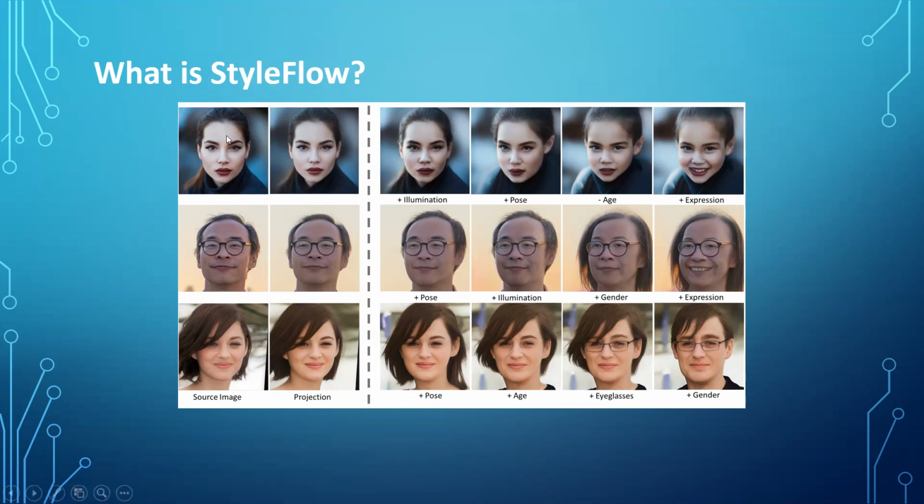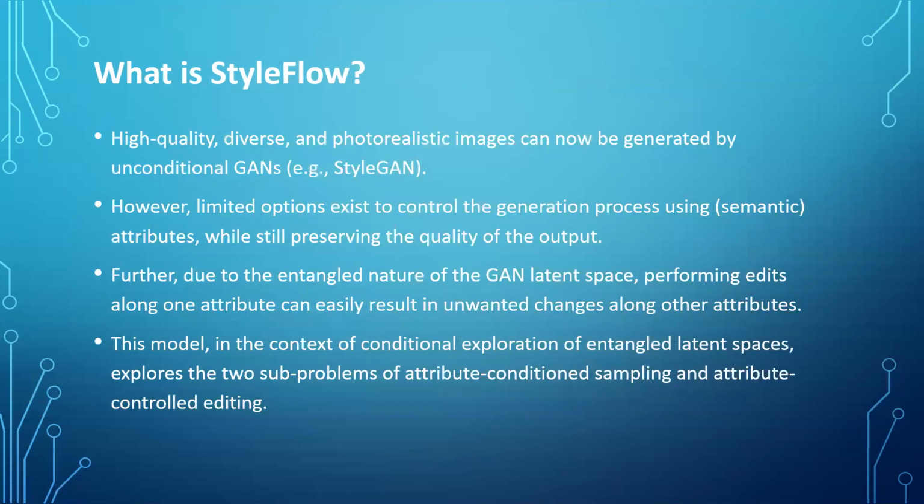The source image is first taken, and then its projection is made using StyleGAN 2, the advanced version of StyleGAN, and it makes embeddings, which makes it easier for the sequential edits.